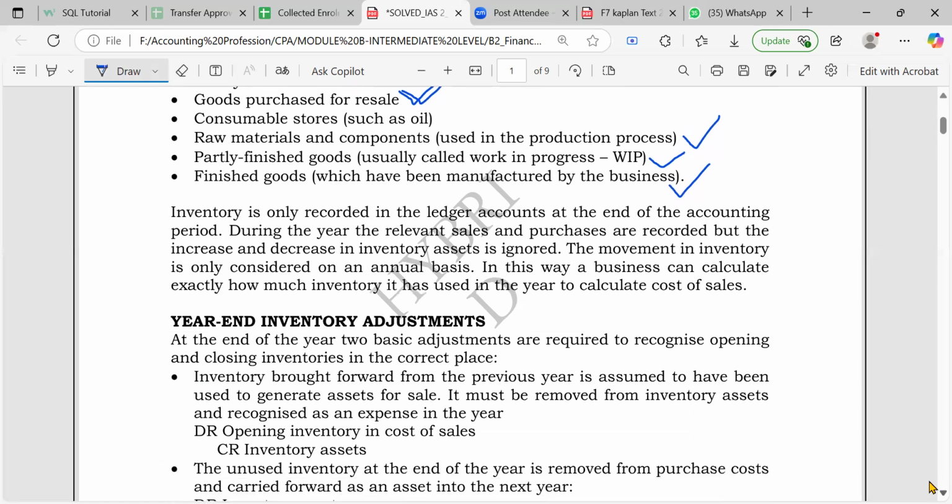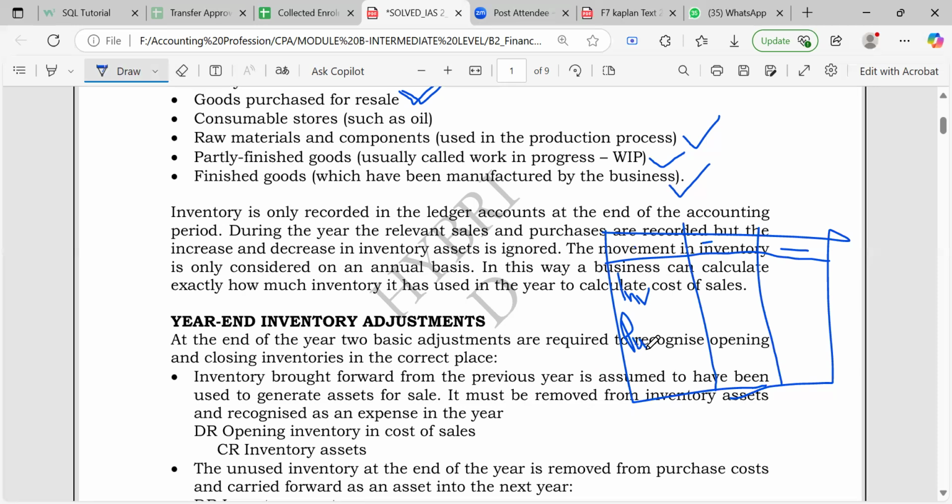Usually, when we deal with inventory adjustment, normally in the trial balance, you have the debit and credit side, and these are the particulars. Here the debit side, here the credit side. We usually have the word inventory. Whenever we find the word inventory, normally you would also have a line for purchases.